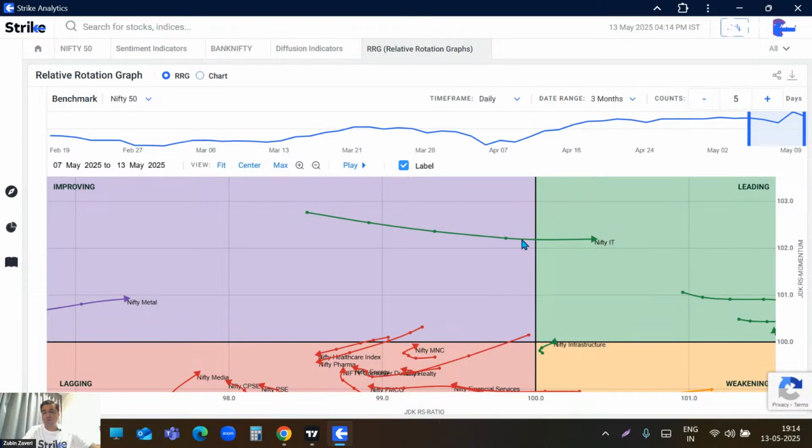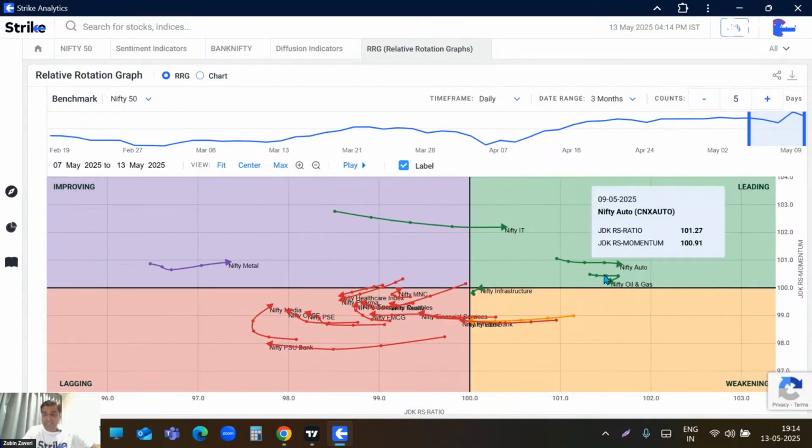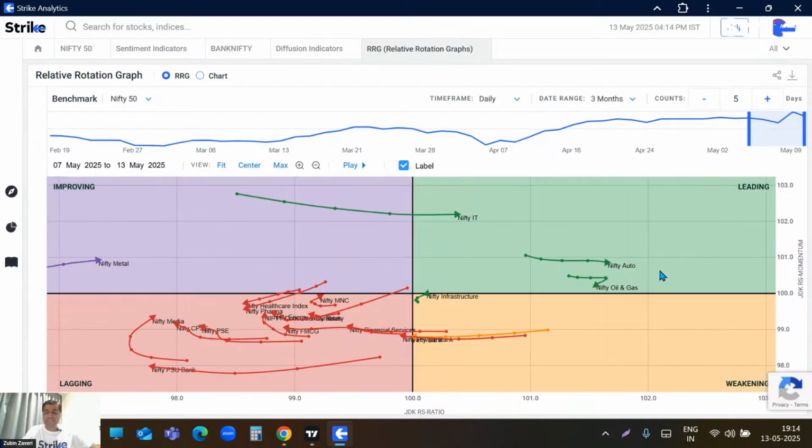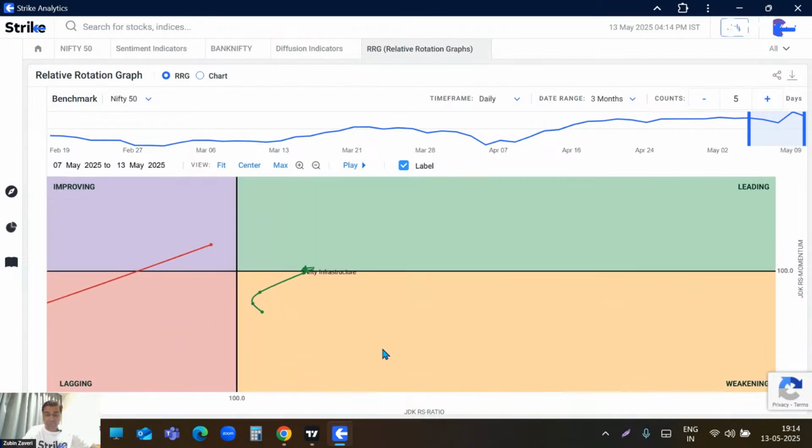So if tomorrow Nifty remains positive, it is a sector that I will watch out for. Auto too. These are the sectors we can watch out for. And if infrastructure also starts performing and comes over here again, these arrows will keep on updating every 5 minutes.